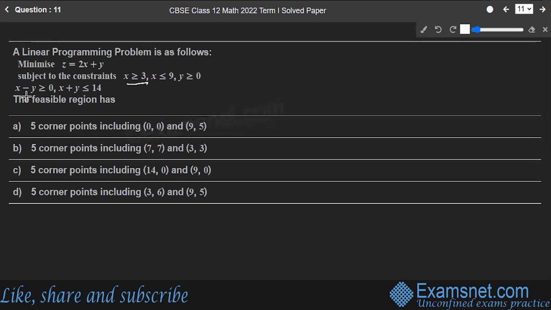From here, you can say x is equal to 3, x is equal to 9. From here, x minus y is equal to 0. This gives you x is equal to y. And from here, you have x plus y is equal to 14.